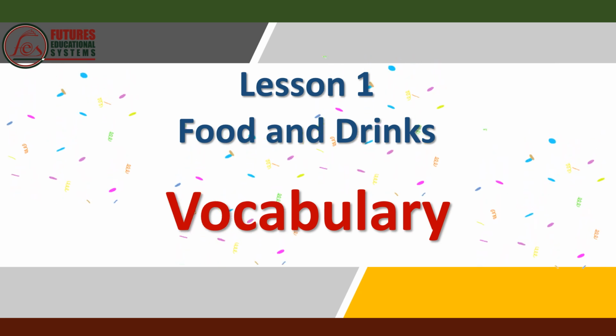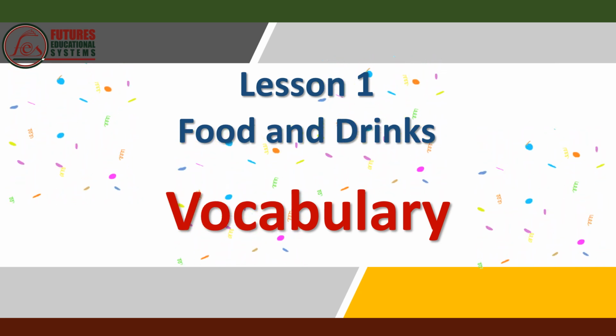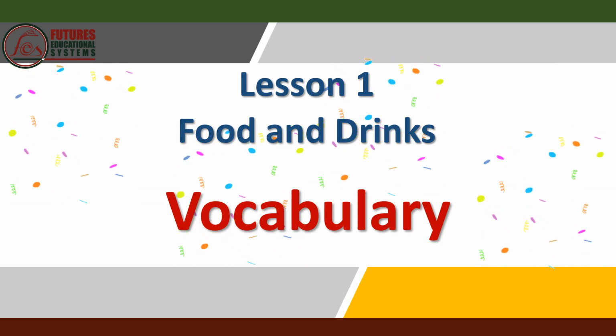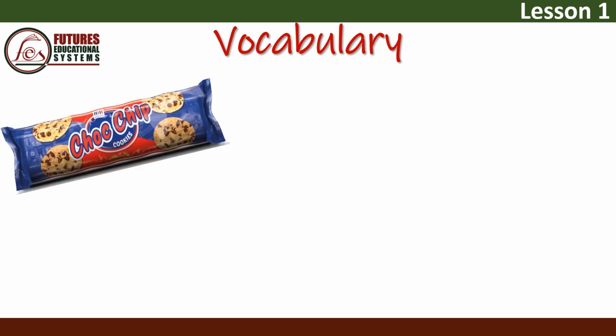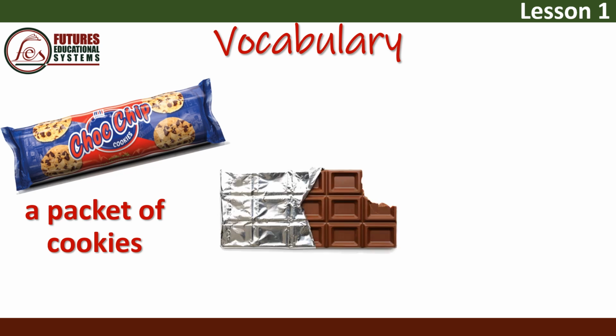Let's start lesson 1, food and drinks. What is this? Chocolate chips? Okay, a packet of cookies. What is this? A bar of chocolate.